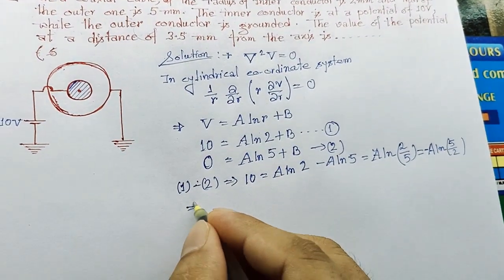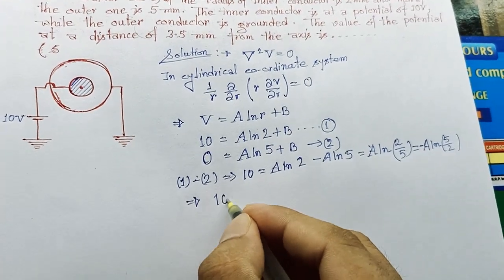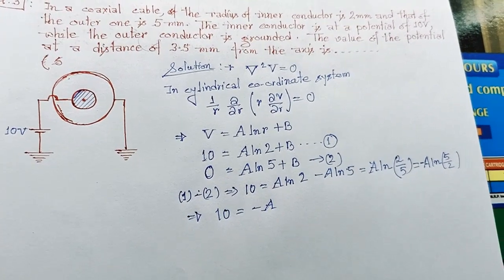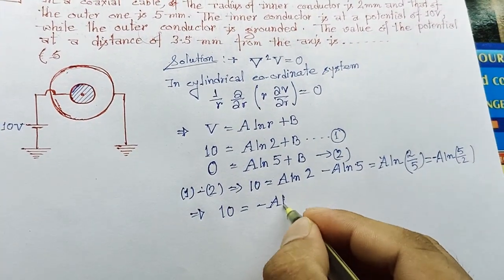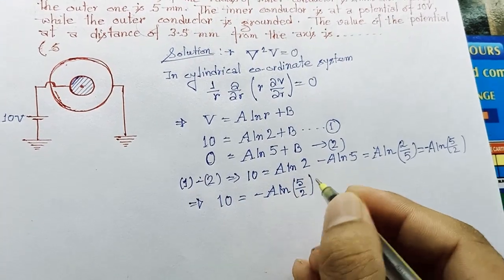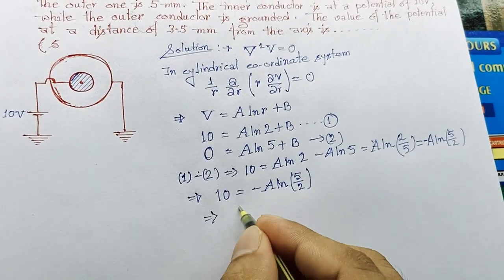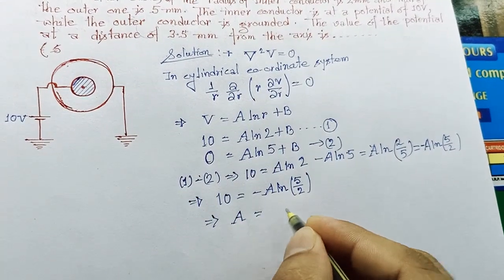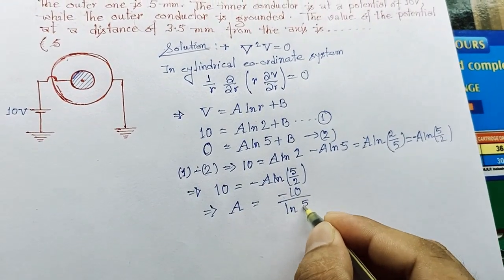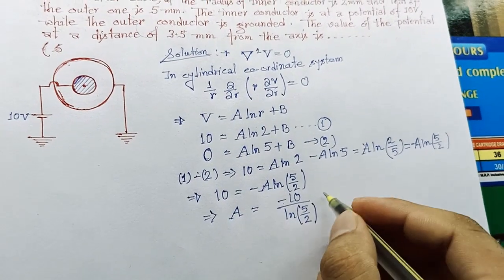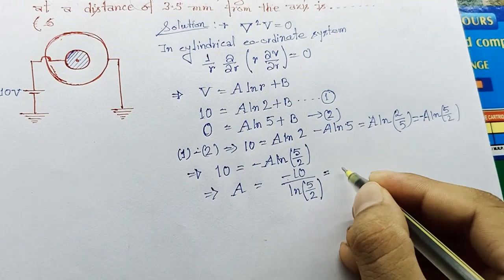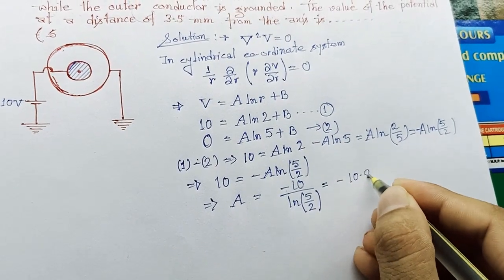So we can write 10 will be equal to minus A log 5 divided by 2. From this equation we can find the value of A. So our value of A will be equal to minus 10 divided by log 5 divided by 2. If you calculate this, then our value of A will be equal to minus 10.86.